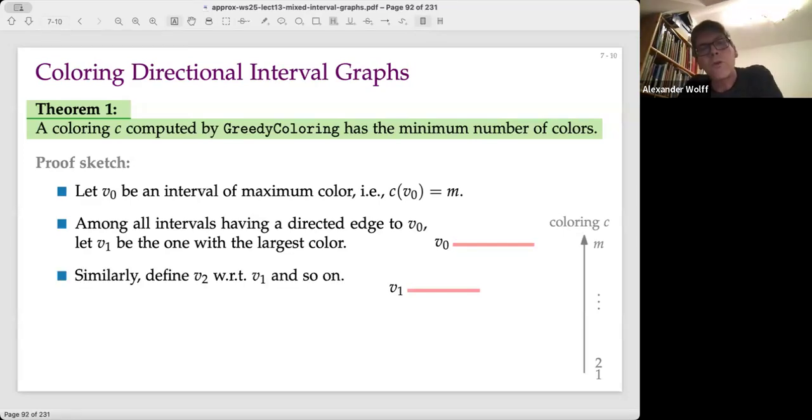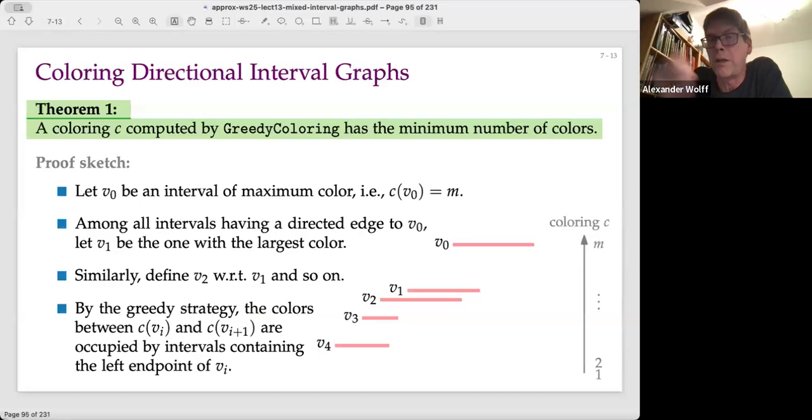And then I continue defining a sequence of intervals until I come to an interval that doesn't have any incoming directed edges anymore.